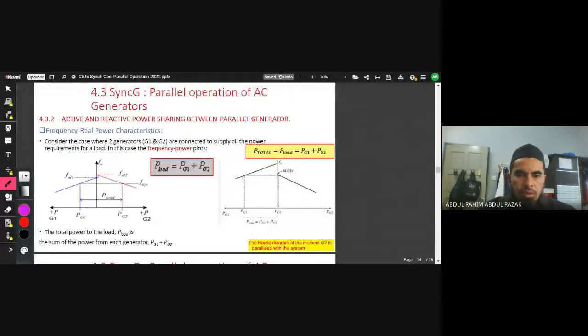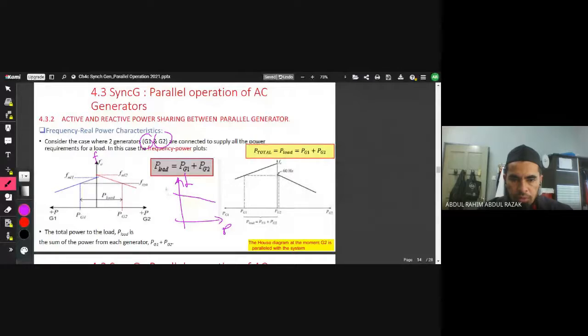So let's say two generators are connected together. We have G1 and G2. If we plot the G1 house diagram in terms of frequency versus power, we have this kind of house diagram.